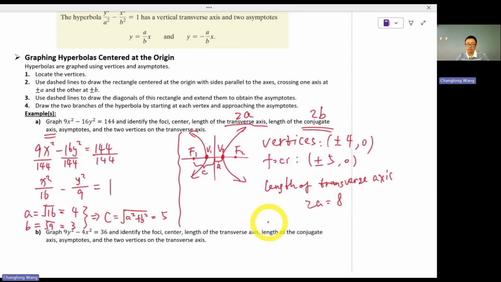Then the length of the conjugate axis will be 2B, and that'll be 6, right? All right.